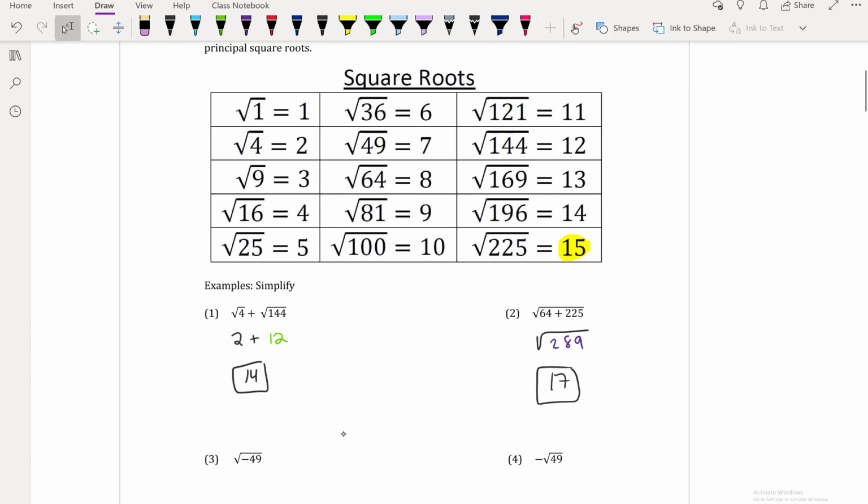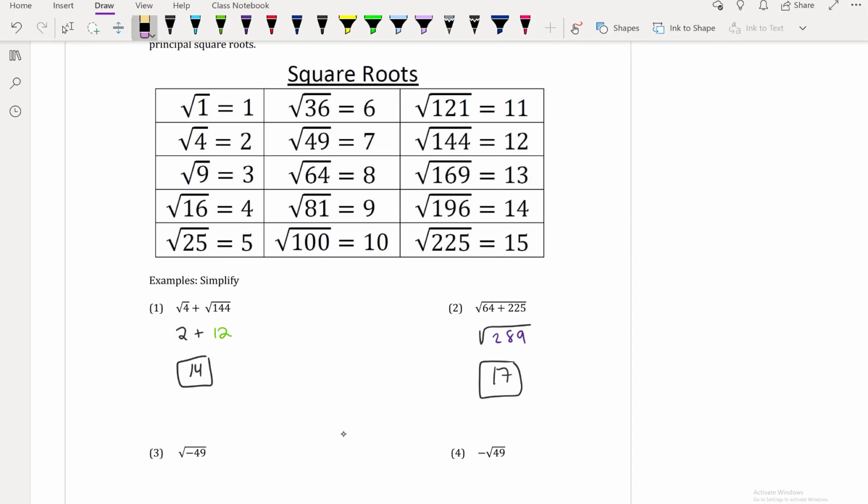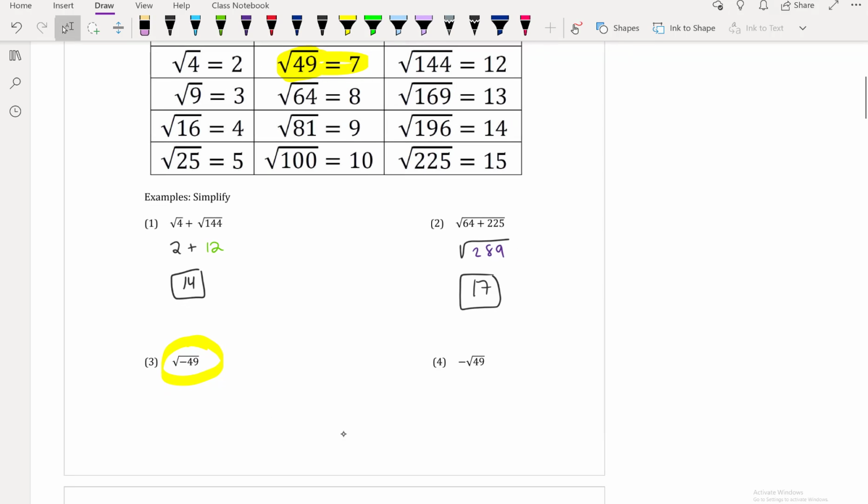Now let's look at number 3. I have the square root of a negative 49. If I have the square root of 49, that's equal to 7, but what makes this difficult is that I have a negative on the inside.